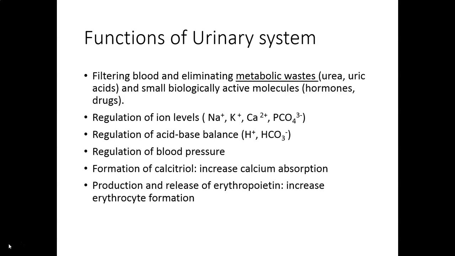The metabolic waste includes nitrogenous waste, such as urea and uric acid and related products, giving you that smell of the urine. But some biologically active molecules such as hormones and drugs can also be eliminated through the kidney, through urine.